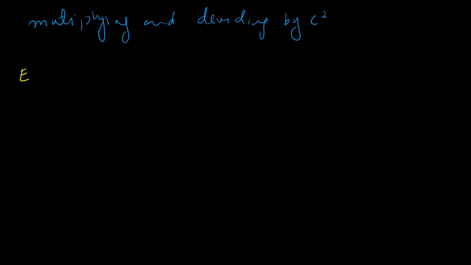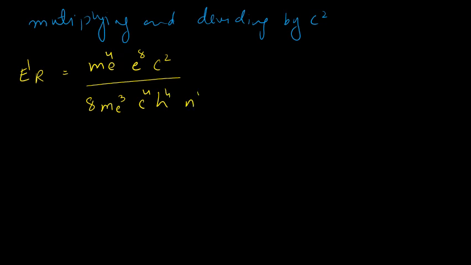The first order correction to energy will be equal to me^4 e^8 c squared divided by 8 me cubed c^4 h bar^4 n^4, multiplied by (8n divided by (2l plus 1) minus 3).